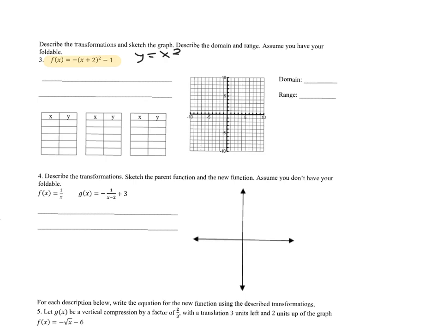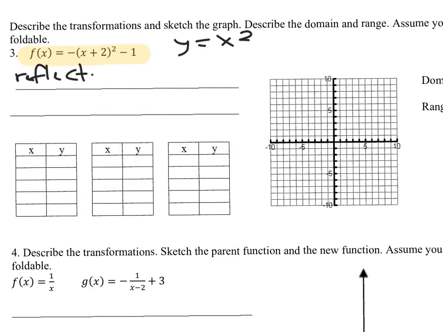The minus on the outside, that's telling us that we are going to reflect. I'm going to go ahead and zoom in a little bit so I can write better. We're going to reflect across the x-axis.